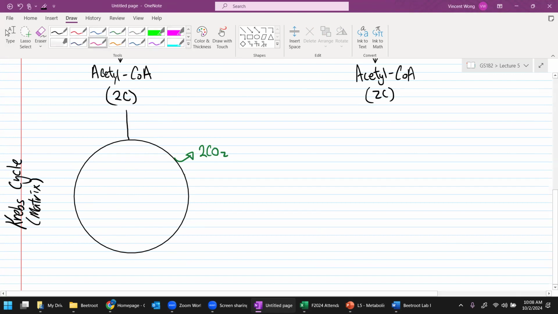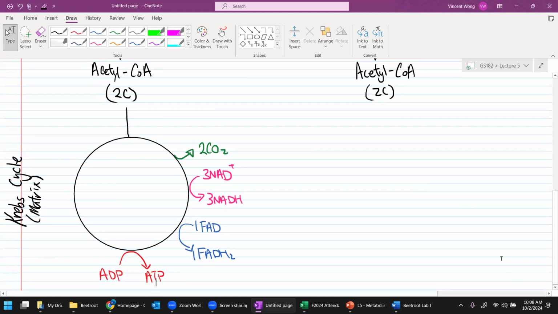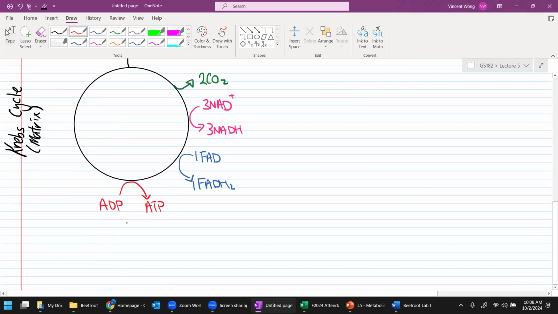And if you're following the color code system, then this is going to be 3 NAD becoming 3 NADH. This is the only place where you're going to be creating FADH2. And you will also be making 1 ATP. I should mention, this is also SLP.